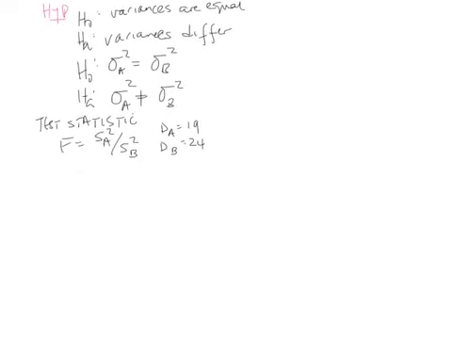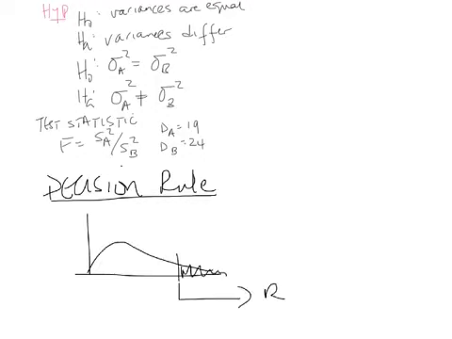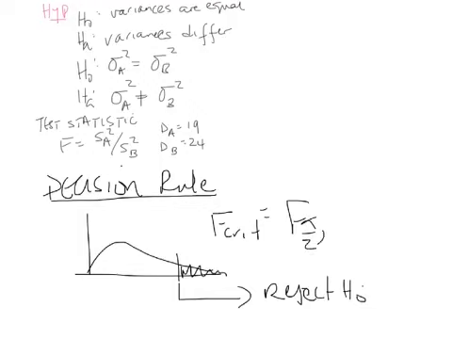Step 3, the decision rule. With the decision rule, we would simply need to determine the F critical. So this is where we reject H0. F critical would be F alpha over 2, because it's a two-tailed test, and the degrees of freedom are 19, 24.